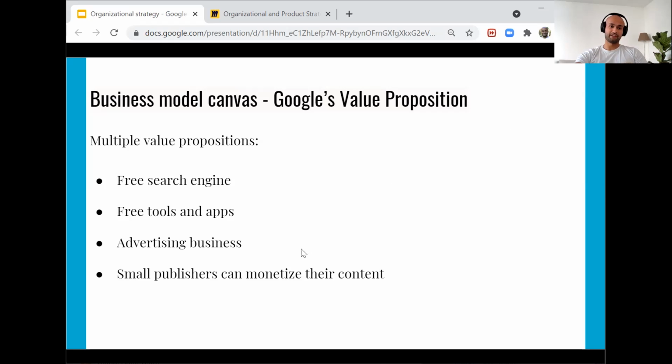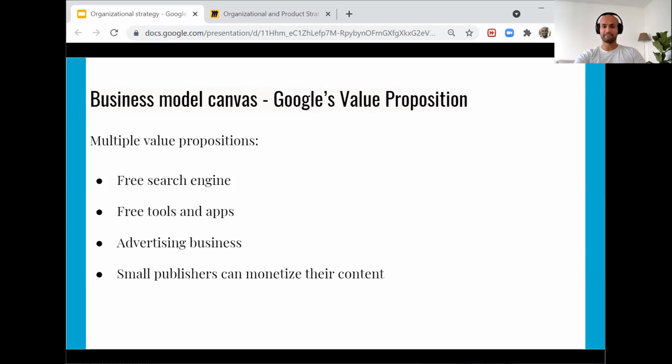Another value proposition that they have is their advertising business. So they have Gmail, Google Analytics, Google Books, Chrome, and other services and products that are free to use for everyone in the world. And they have free platforms as well as paid versions of the same product, right?